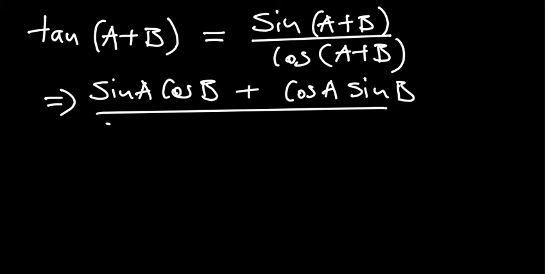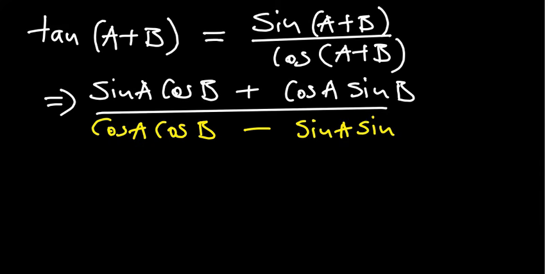And then with our colleague here, cosine is selfish, so it will get both A and B first before giving the other one, and then the sign changes for cosine, so it will be cos A cos B minus sine A sine B. Okay, this is where we've got to now.